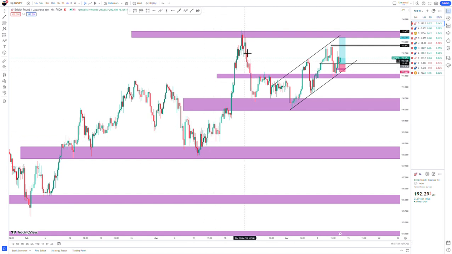Once the market hit this top, it then went down, and then we created this level right here where the market has failed multiple times to break above, and we had this little consolidation. If you check, this whole thing is a consolidation.